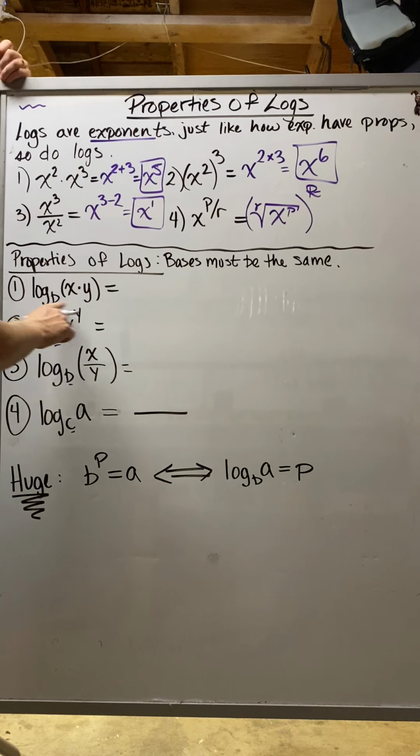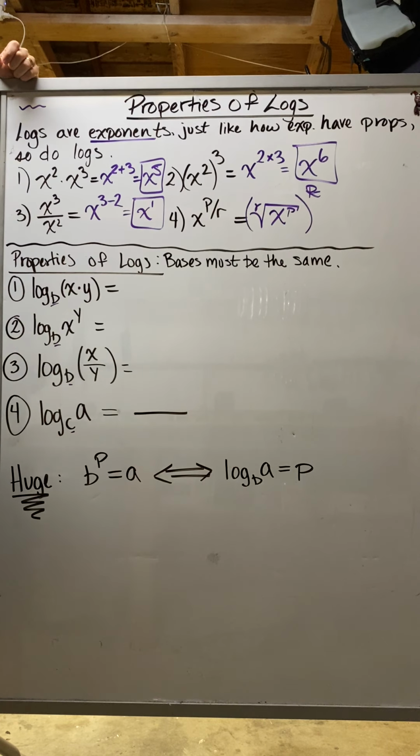Okay, so you have to remember, and I always have to make sure I word this right, a logarithm is an exponent. So we have to think about what's going on when we have exponents that are doing this. So we have a log, it has a base of b, and we have two things in the argument here, and they're both being multiplied together.